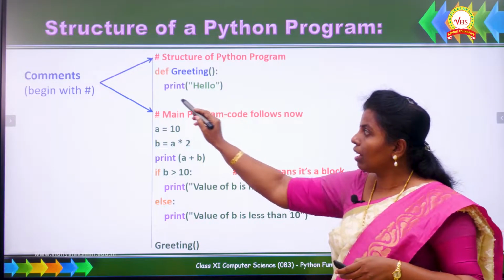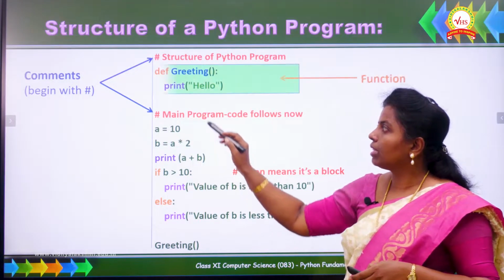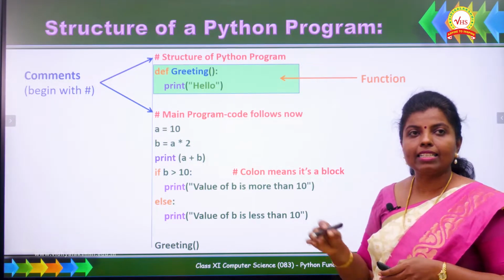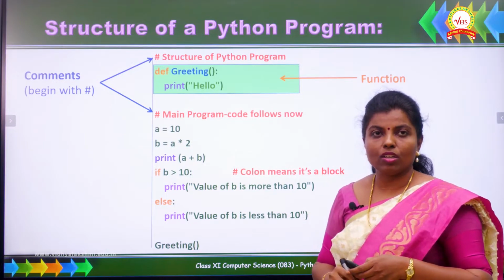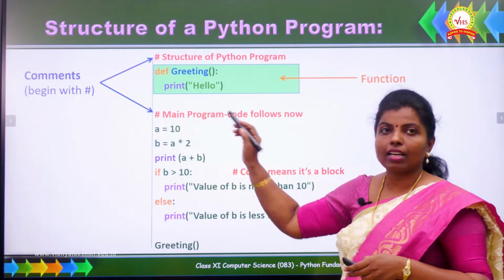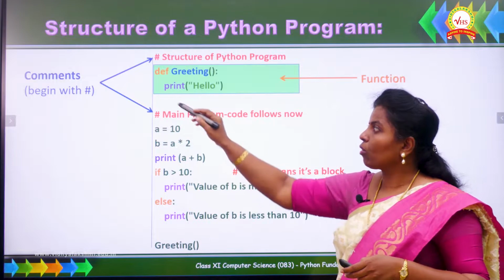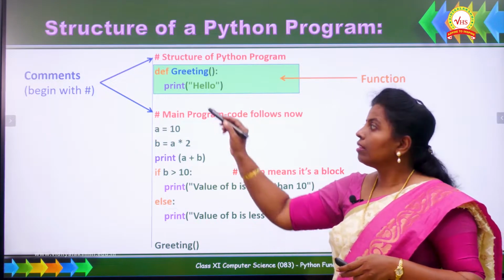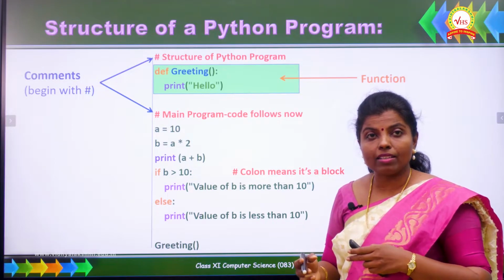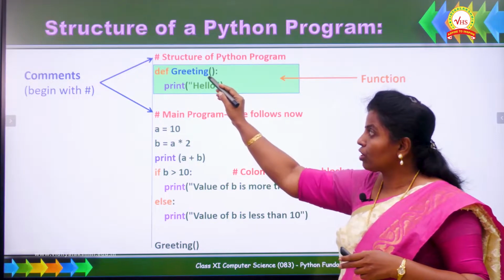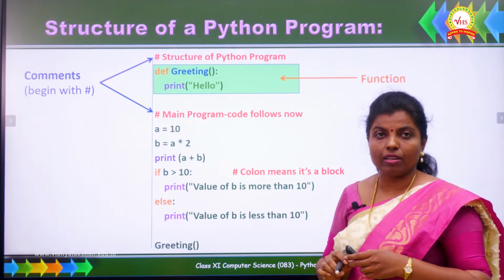Here we have a function definition: def, greeting, colon, and including the indented statement under that. The entire thing is referred to as a function, usually called a function definition. This function definition will not be executed right away. It will be executed only when the function is called.